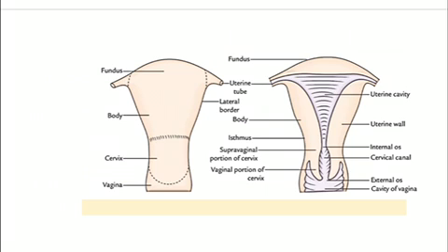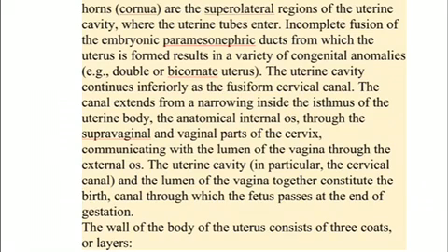The uterine cavity is slit-like. It's about 6 cm in length from the external os to the walls of the fundus. You also have uterine horns. They are superior-lateral regions of the uterine cavity where the uterine tubes enter. There is incomplete fusion of the embryonic paramesonephric ducts, and it is these paramesonephric ducts that form the uterus.